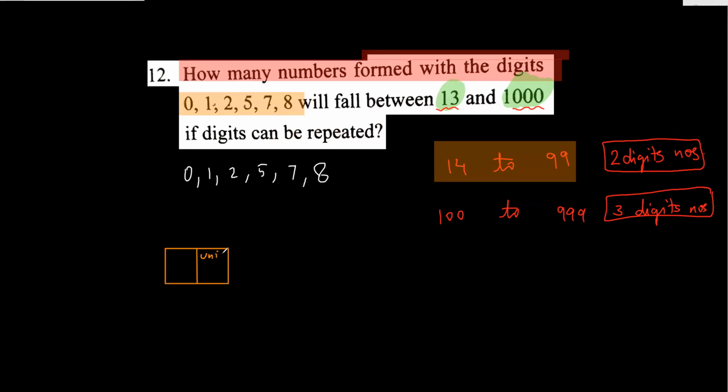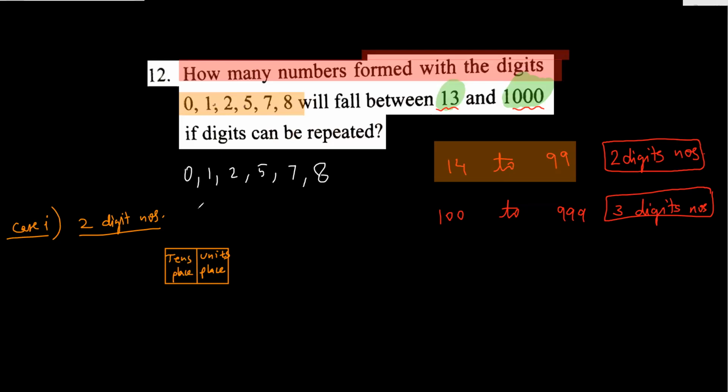So you have two cases. I'm going for the first case. What is the first case? A two-digit number. So I write here case one, two-digit numbers, right? This is case one. And here you have tens place.